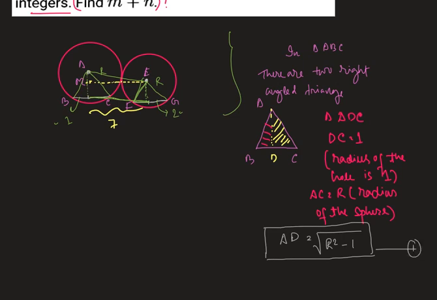Now take another triangle, which is triangle EFG. Here also there are two right angle triangles.